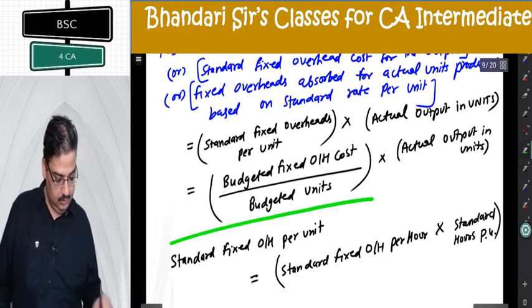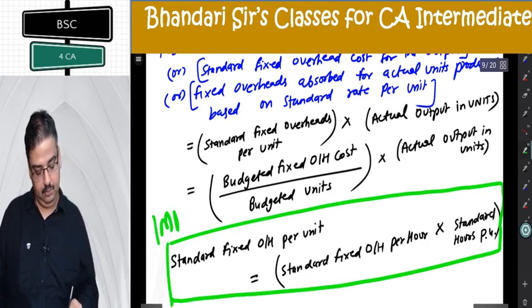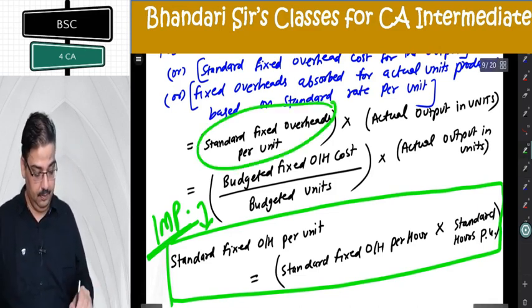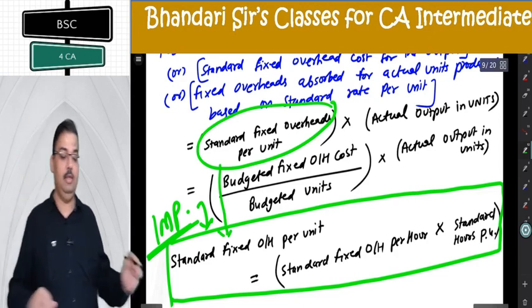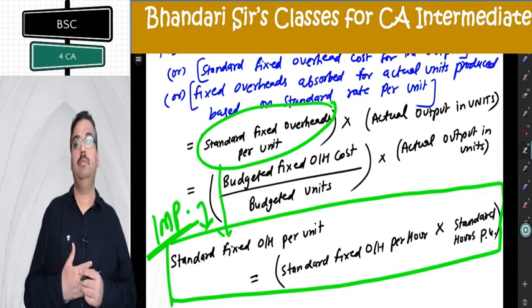Now this is important. Sometimes this part can be computed like this. Instead of budgeted fixed cost divided by budgeted units, you can use this. It is simple.